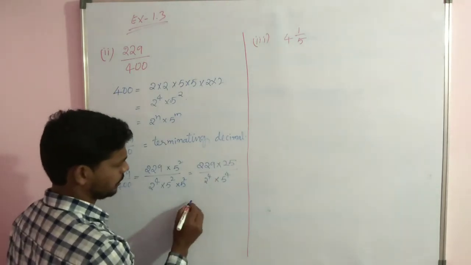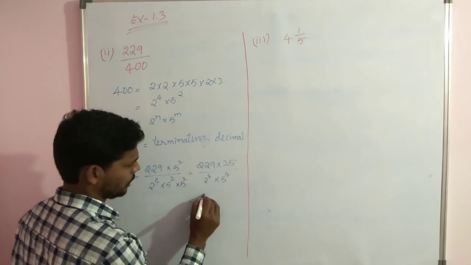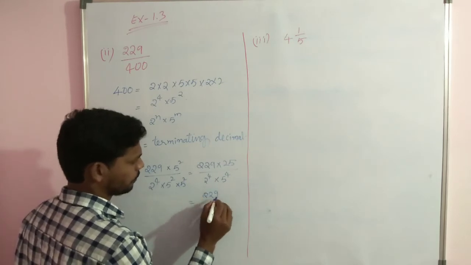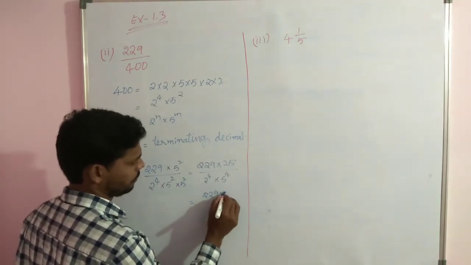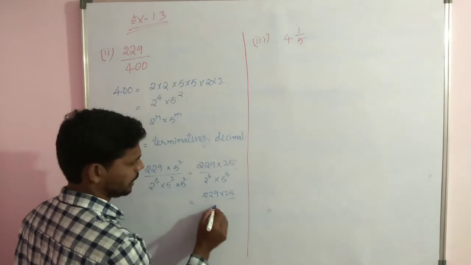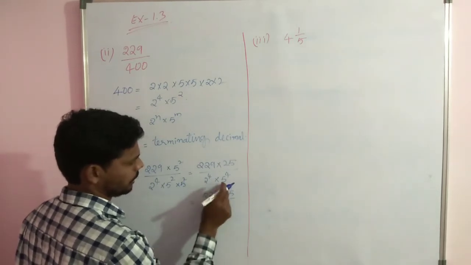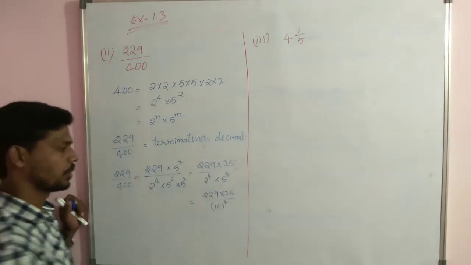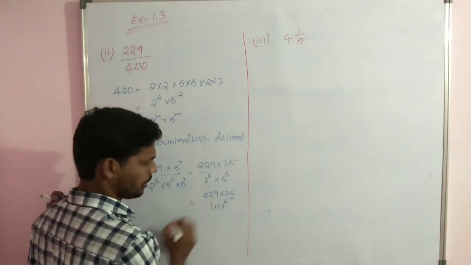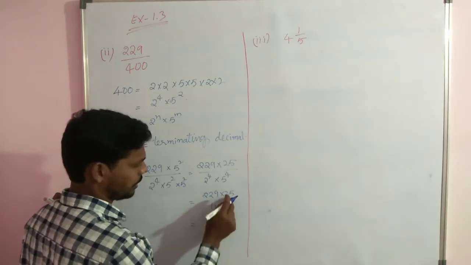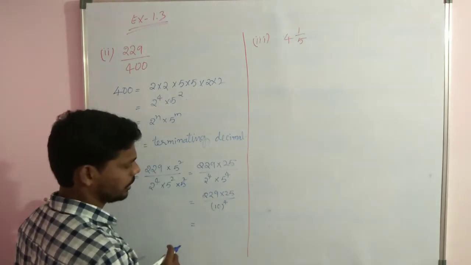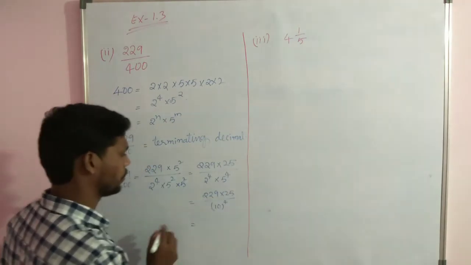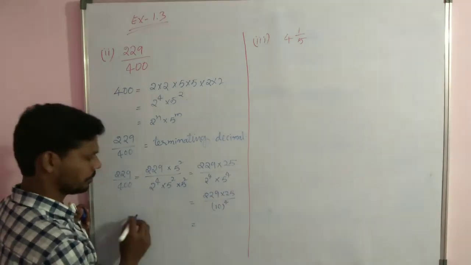So that is 229 into 25, divided by 2 fives are 10 to the power of 4. Here 25 is there. Any number multiplied with 25, just multiply these two, 229.